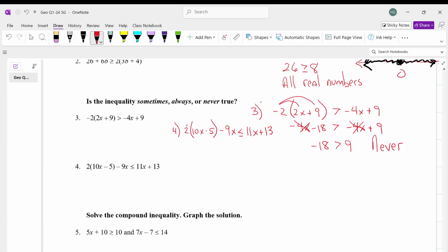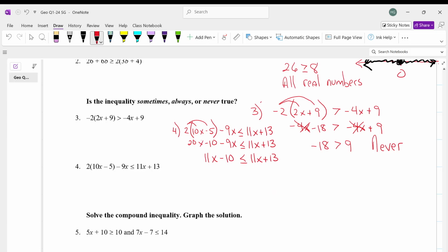So again, distributive property first. 2 times 10x is 20x, and 2 times negative 5 is negative 10, minus 9x less than or equal to 11x plus 13. The 20x minus 9x gives you 11x, and the negative 10 comes down, less than or equal to 11x plus 13.